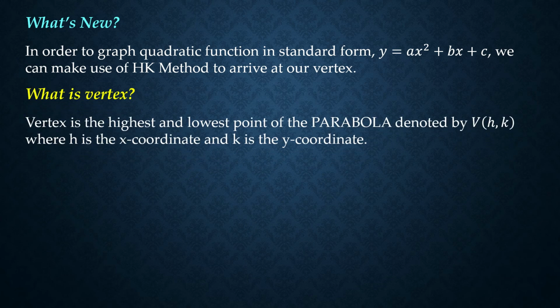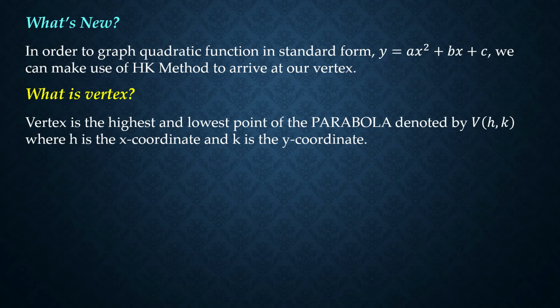So, what is a vertex? The vertex is the highest or lowest point of the parabola. In our discussion in module number 6, the introduction to quadratic function, we discussed that the graph of a quadratic function is a parabola.